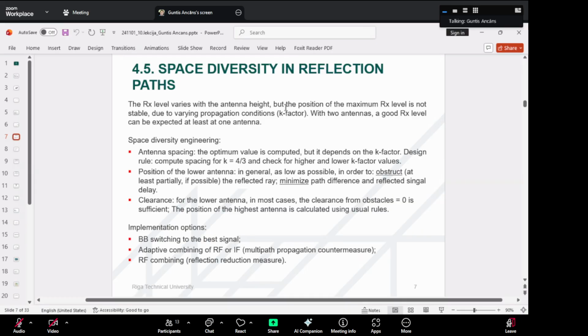By changing temperature and other weather conditions, this can have an impact on how signals are reflected from atmospheric layers. But for normal signal propagation, this K value is assumed to be such a value.